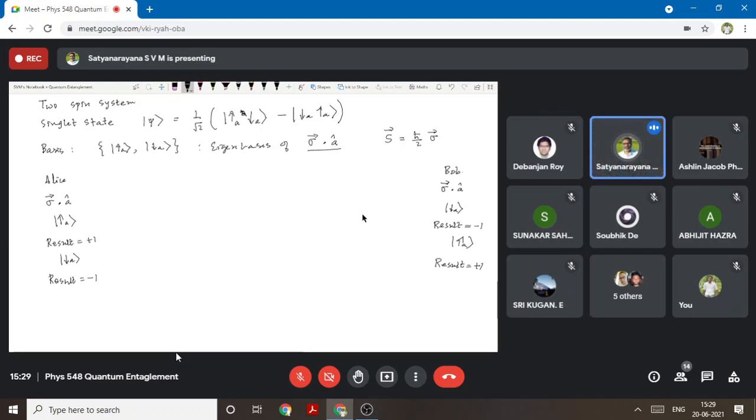Maybe I can say this is the first spin and this is the second spin, sigma 1 and sigma 2.